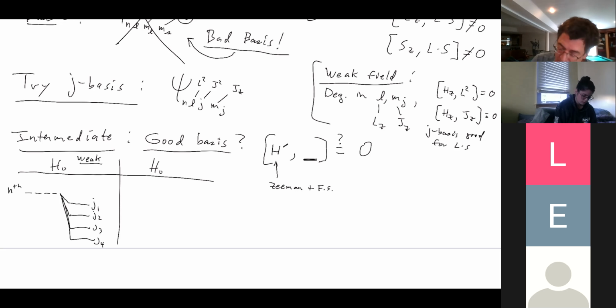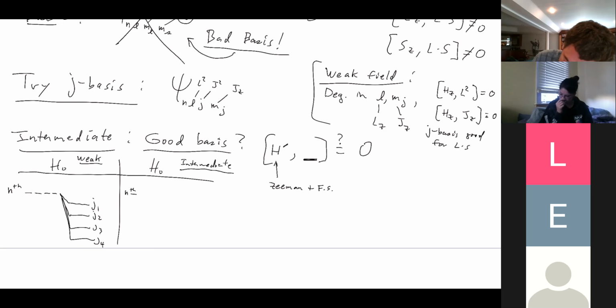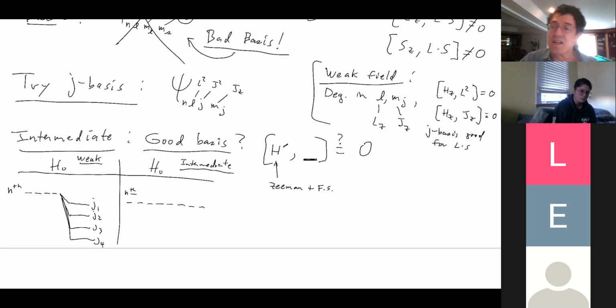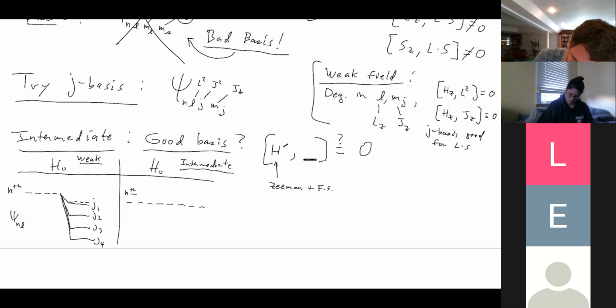But now we're in the intermediate case, and when I look at the nth level, it has huge degeneracy, but it's not split. So before, for the weak field case, I have the psi NL J MJ, and the degeneracy was in the L and the MJ.